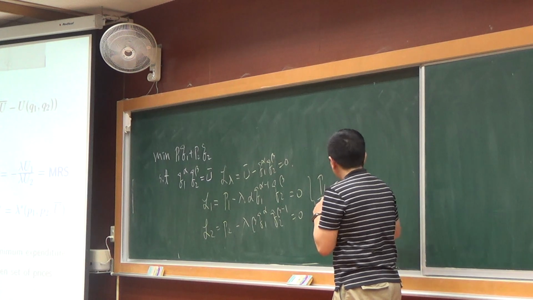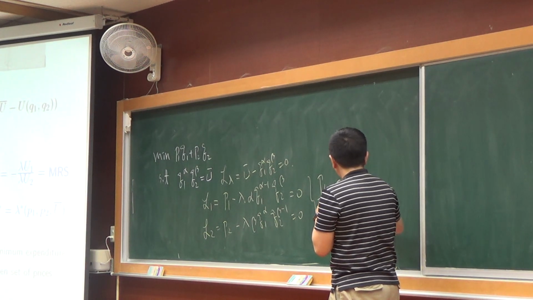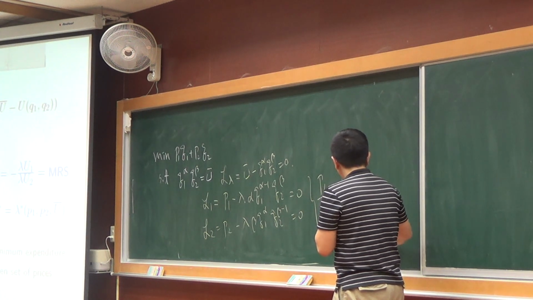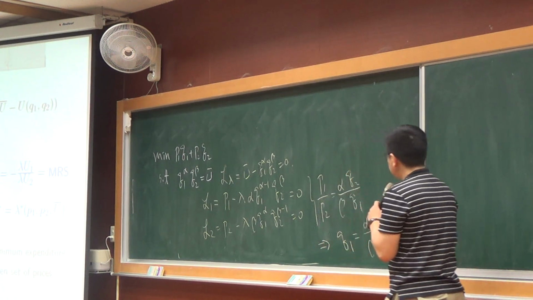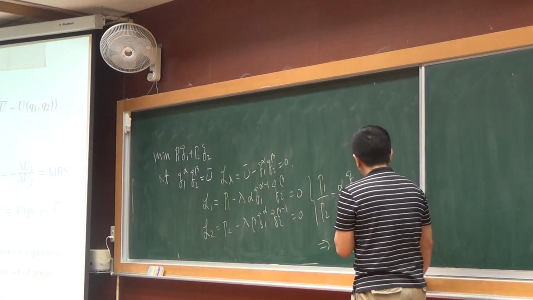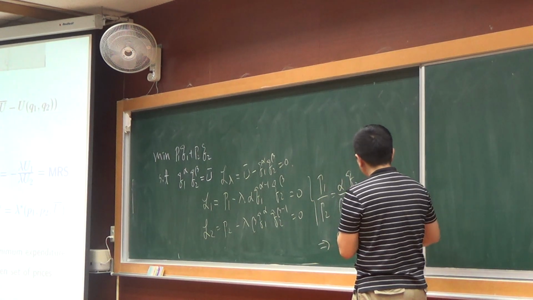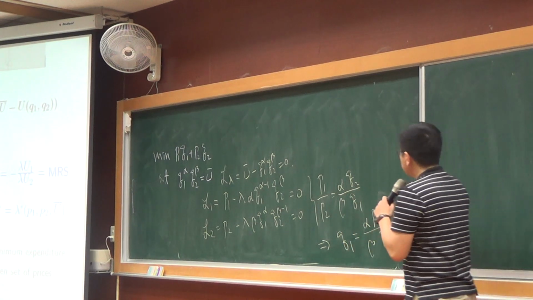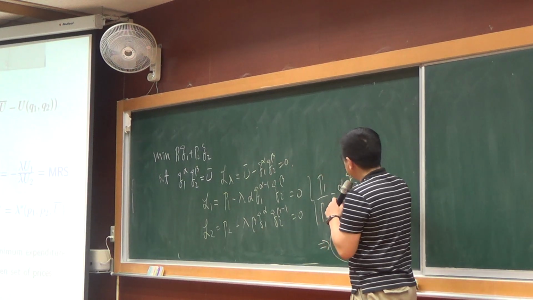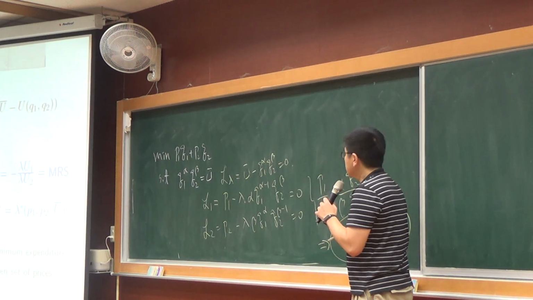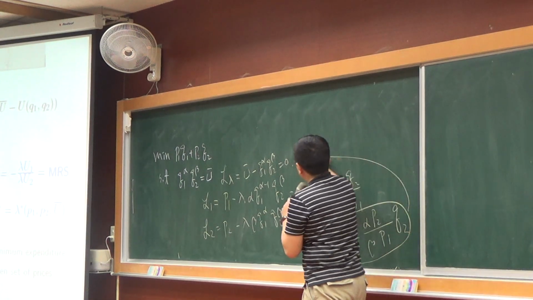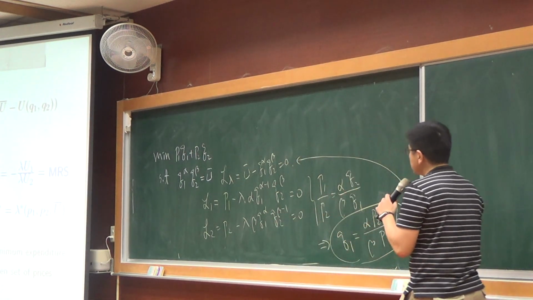Q1 equals alpha P2 Q2 over beta P1. We put Q2 here. So we replace this. This result comes from the last two first order conditions, and we replace this into the first order condition.